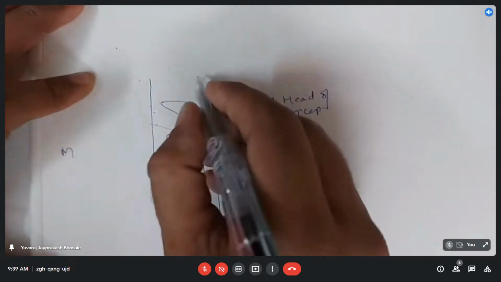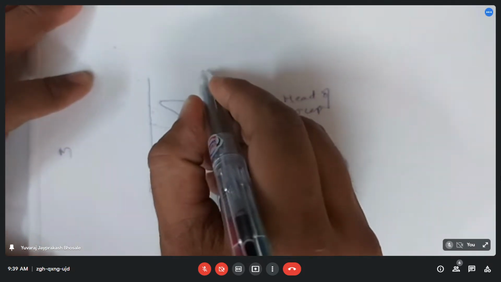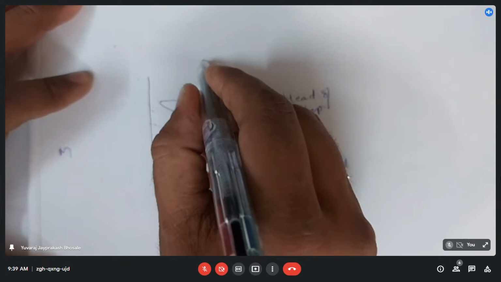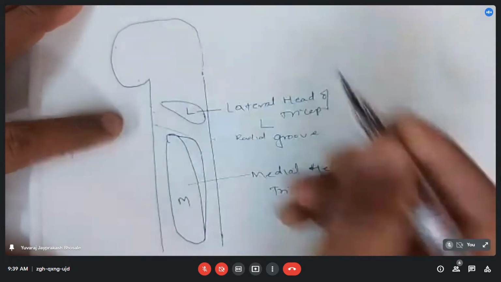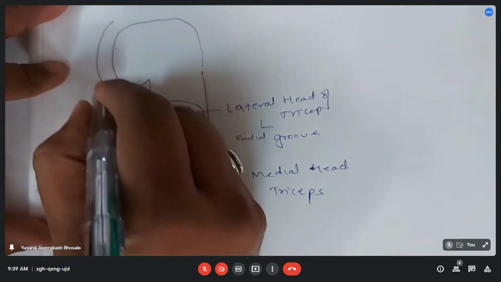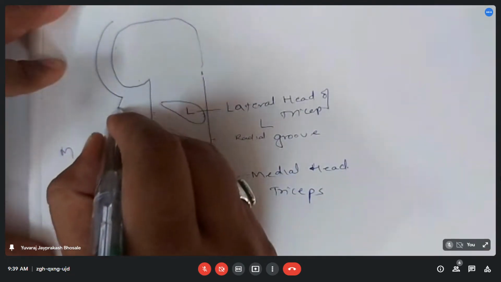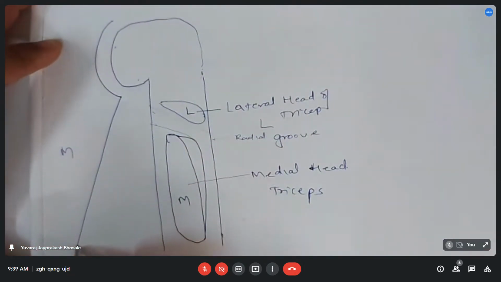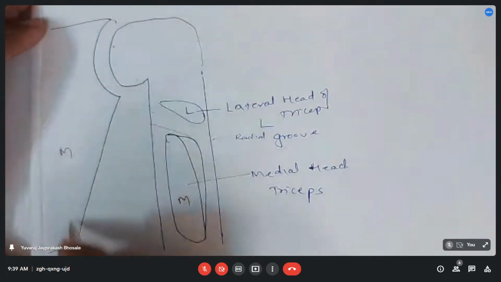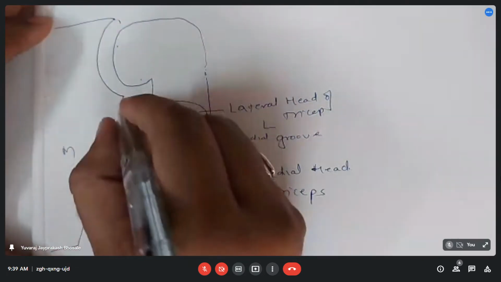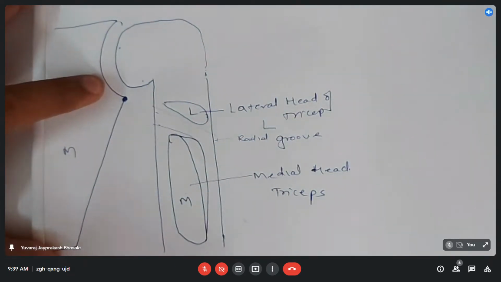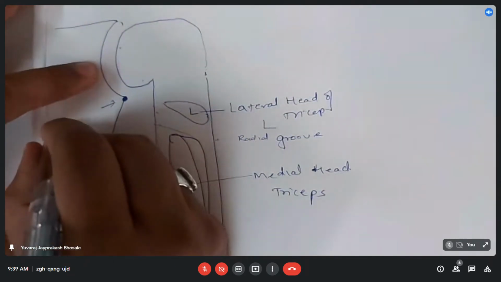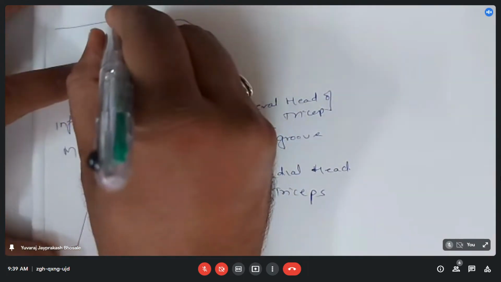Now higher up will be the neck of the humerus, then the head of the humerus, and here will be the glenoid cavity, and this will be the scapula. This part of the scapula is called the infraglenoid tubercle, and this part is the supraglenoid tubercle.